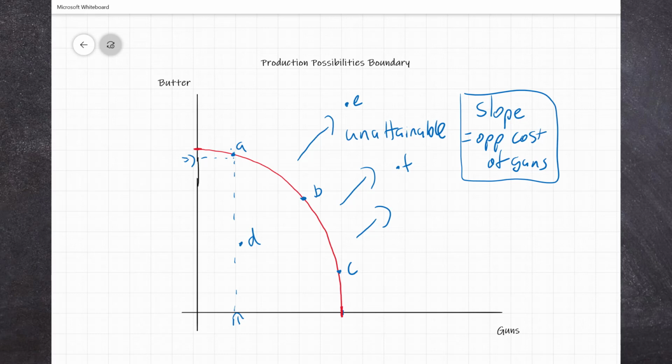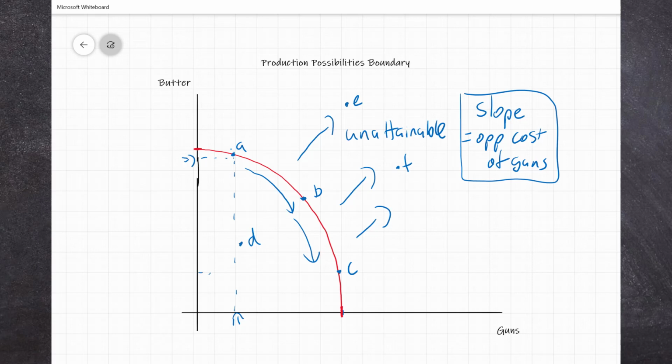Notice that the slope here is relatively small, which means the opportunity cost of producing more guns is relatively small. But as we move down this production possibility boundary, as we start producing more and more guns, the slope is increasing, which means that the opportunity cost of producing guns is increasing. So we're giving up more and more butter if we want to continuously produce more and more guns.